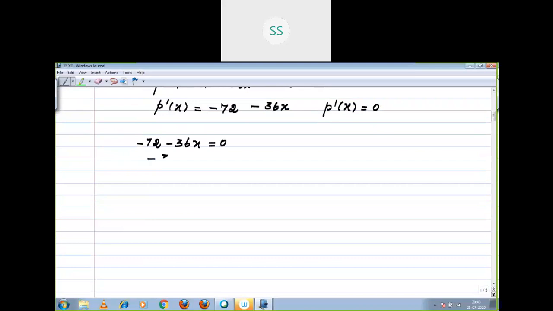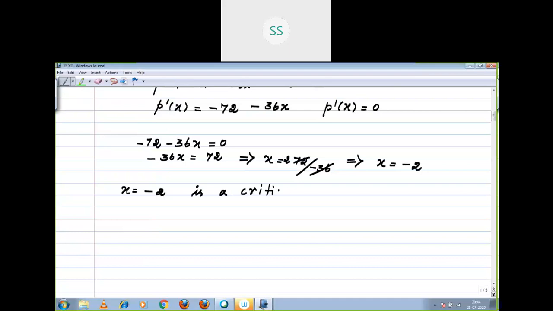Now -36x = 72, which implies x = 72 divided by -36. Then 36 ones are 36, here it becomes 2. So x = -2. X = -2 is a critical point. When you equate the derivative with 0, you get the solution of x. That we call the critical point.